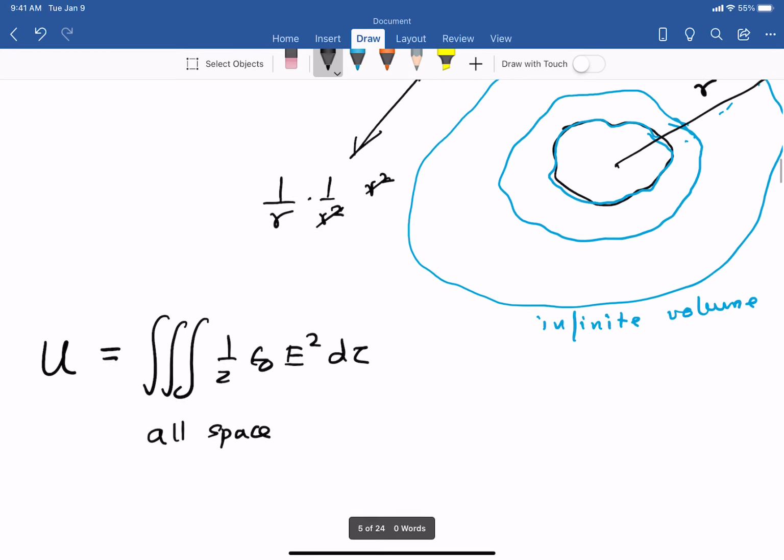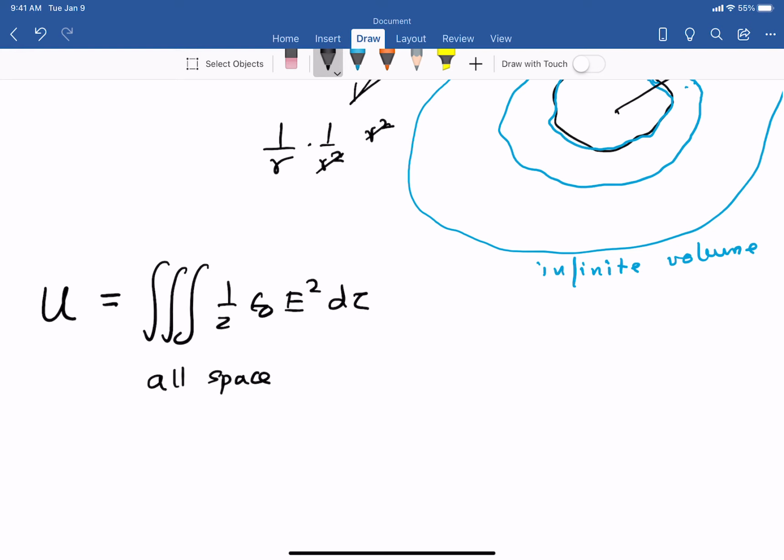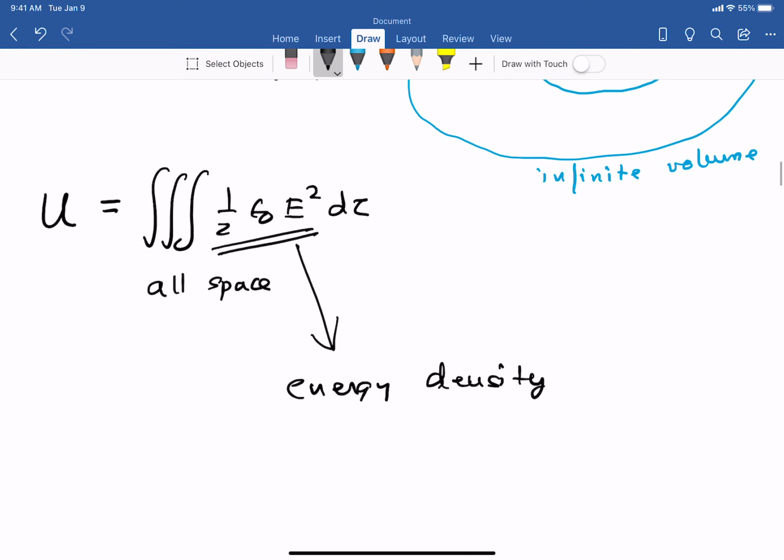What is this equation telling us? It says that if you integrate this quantity over all space, you get the total energy. And so this quantity is the energy density. We've just proved that the energy density associated with electric fields is given by half epsilon 0 E squared.